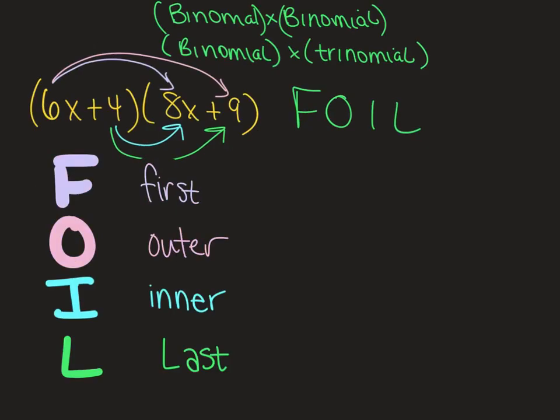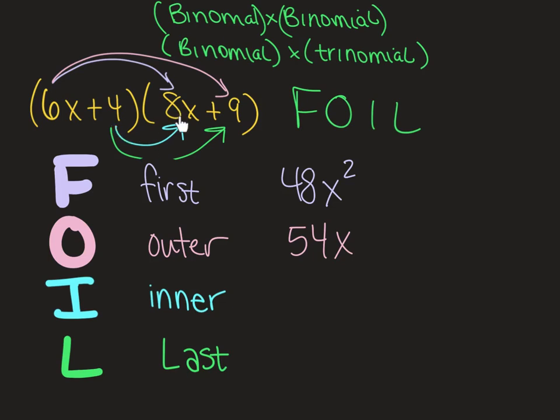So the F of FOIL stands for first. We're going to multiply the first numbers in our list. 6 times 8 is 48. X times x is x squared. Then O stands for outer. We're going to multiply the outer numbers. 6x times 9, 9 times 6 is 54, and the x is just along for the ride.